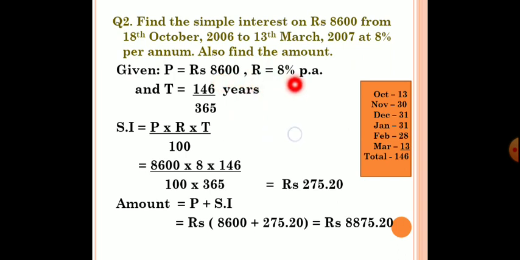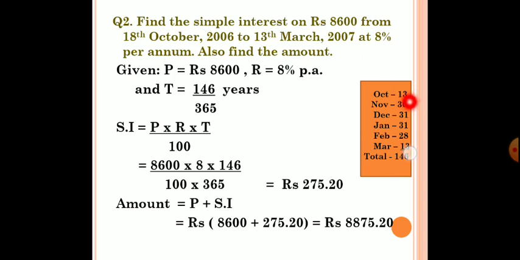Here we have principal, which is rupees 8,600. The rate of interest is 8% per annum, meaning yearly it is 8%. The time is given between 18th October and 13th March, so we have to find the number of days. We start counting from October; after October 18th, we count from the 19th onwards.